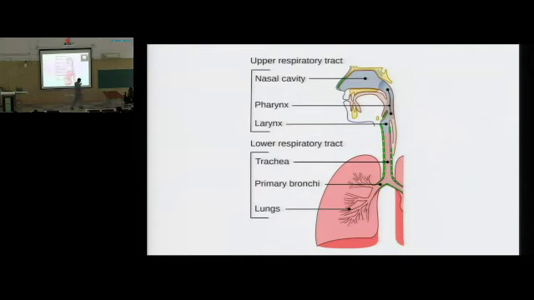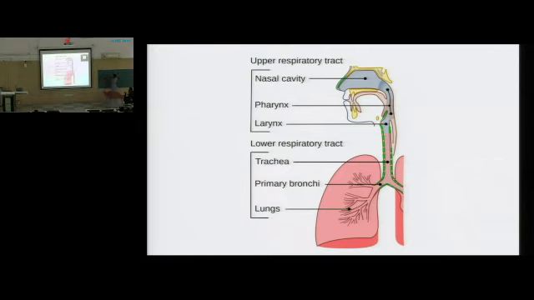Before moving into the pathological part, we have also seen how the upper respiratory tract and lower respiratory tract have been divided, because it is required to know the exact anatomy so that you will understand pathogenesis also.